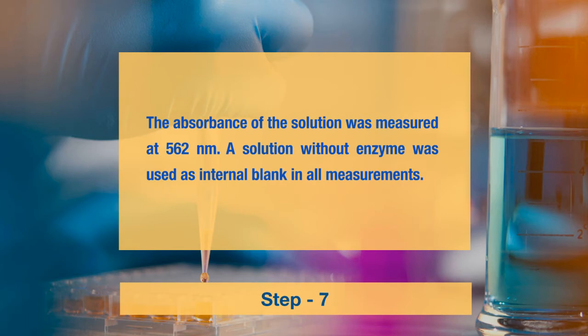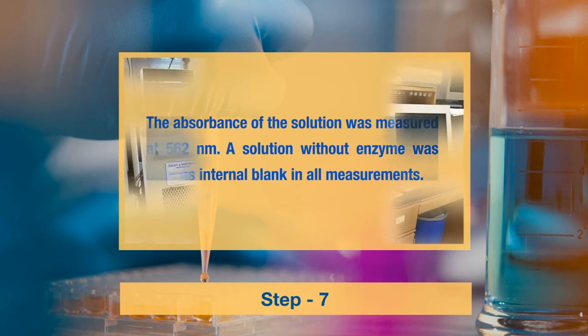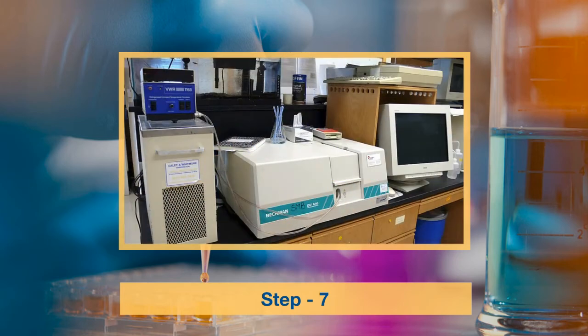Next, the absorbance of the solution was measured at 562 nanometer. A solution without enzyme was used as internal blank in all measurements. Three replicate data were recorded from 3 vials containing same enzyme and substrate concentration.